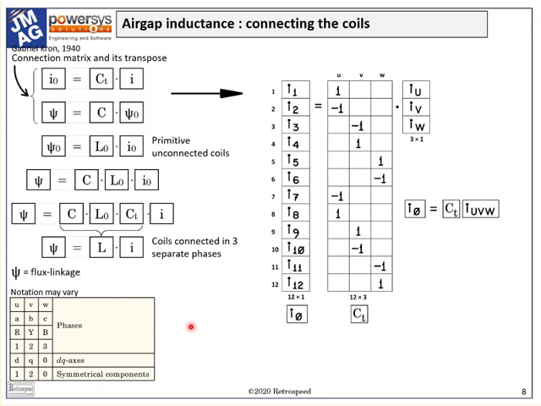Very briefly, it follows that the inductance matrix of the connected up 3-phase circuit is obtained by pre-multiplying by C and post-multiplying by CT, and that's what we're going to do.